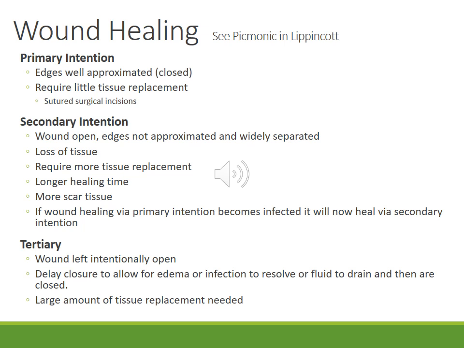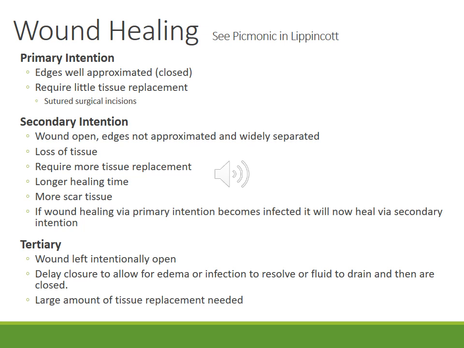You're probably going to have more scar tissue with this type of wound healing. If a wound is healing, oh, this is just a side note. If a wound, say a surgical wound, is healing via primary intention, but suddenly becomes infected, it will now heal via secondary intention. And so again, it's just kind of categorizing wound healing itself.